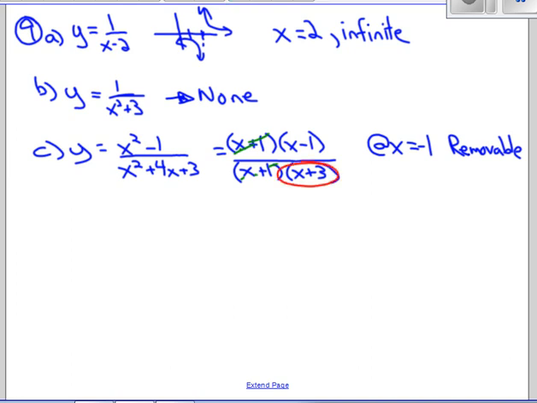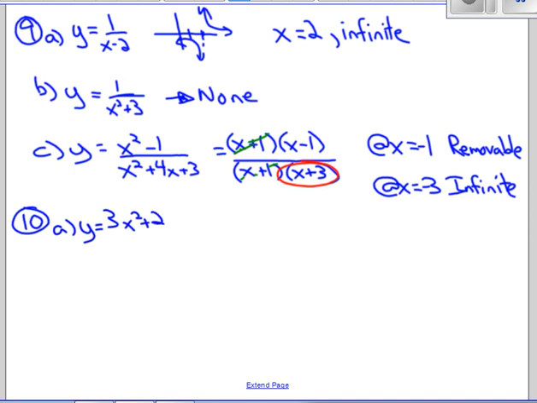Over here, this is a vertical asymptote. So at x equals negative 3, we've got an infinite discontinuity. Number 10, this is basically doing stuff from chapter 9 in the last course. So we have in A, y equals (3x squared plus 2) all over (x squared minus 1).